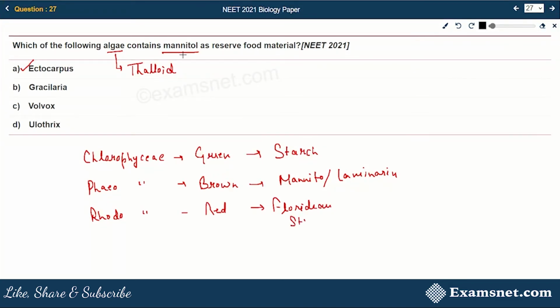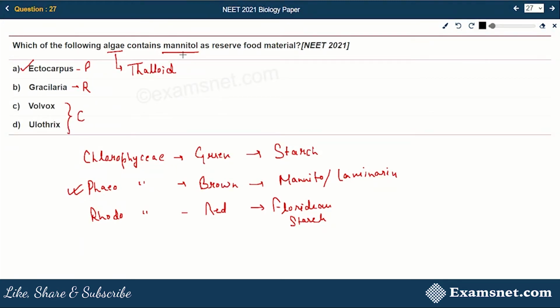So according to this question, mannitol is the reserve food material in Phaeophyceae, right? And Ectocarpus is an example of Phaeophyceae. What is Gracilaria? It is an example of Rhodophyceae or red algae, whereas Volvox and Ulothrix are examples of Chlorophyceae or green algae.